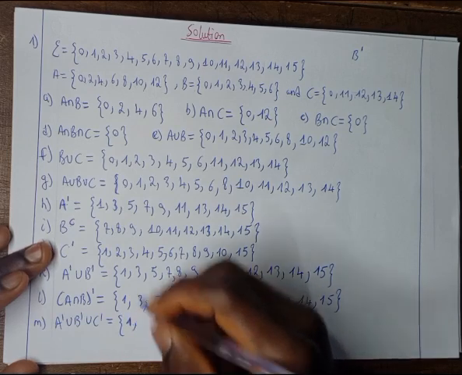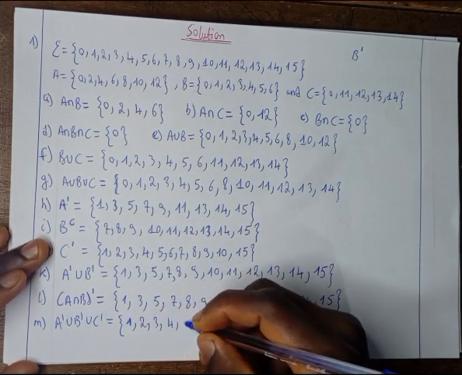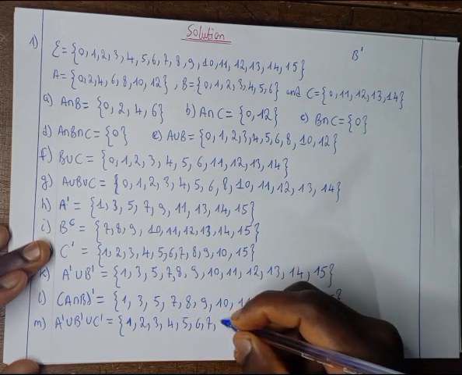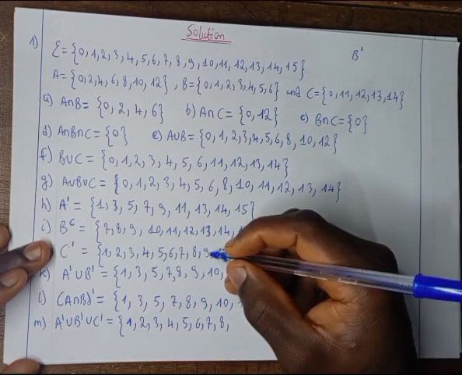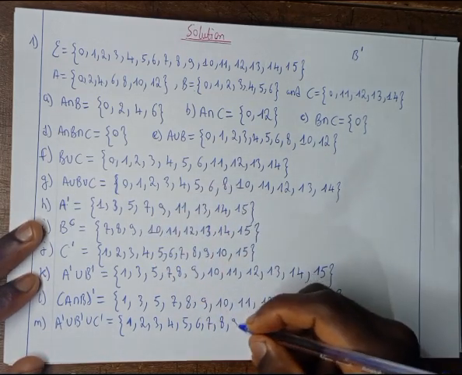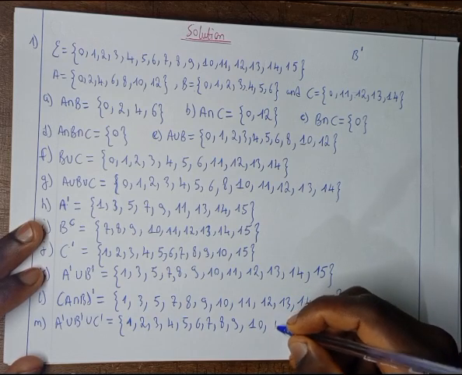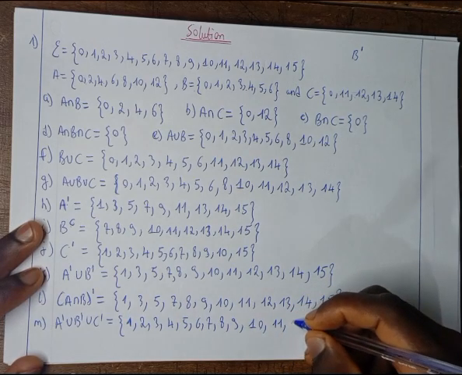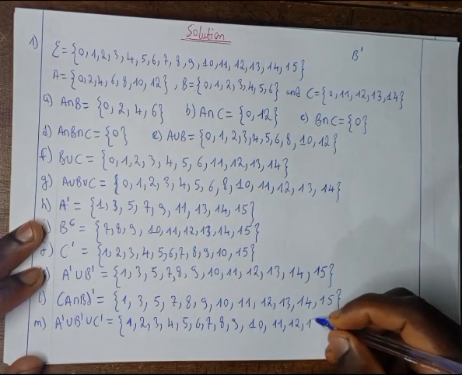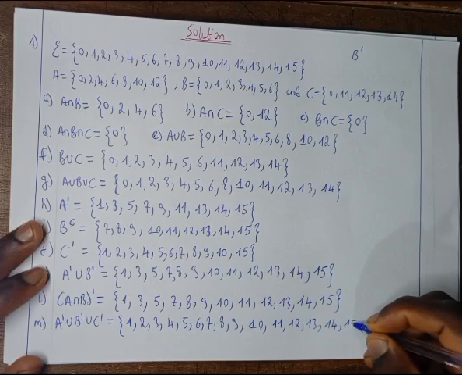We are going to write them in ascending order, 2, 3, 4, 5, 6, 7, 8, 9, 10, 11, 12, 13, 14, 15.